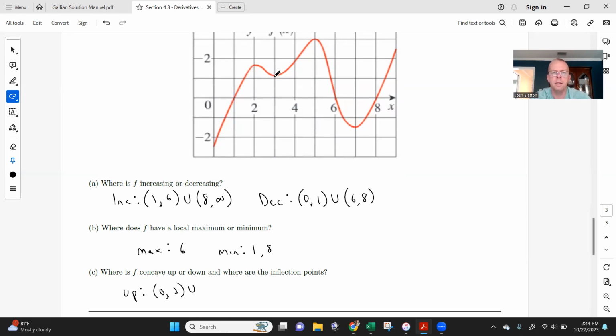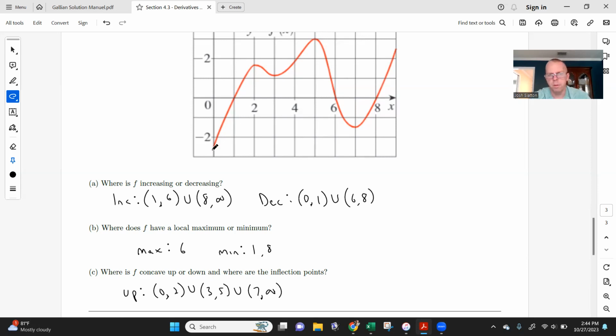Increasing again from 3 to 5. And increasing again from 7 to infinity, I guess we'll say.